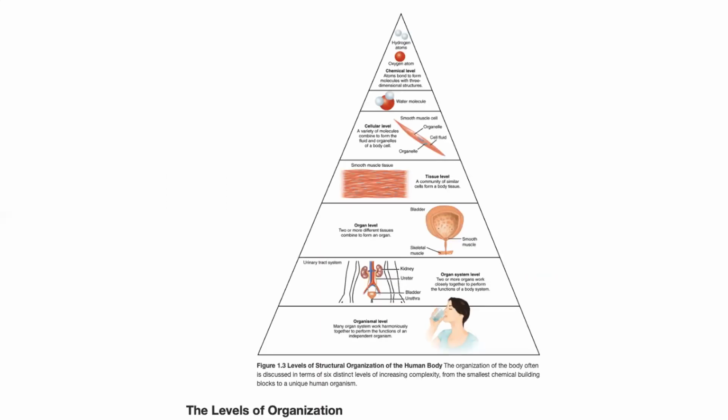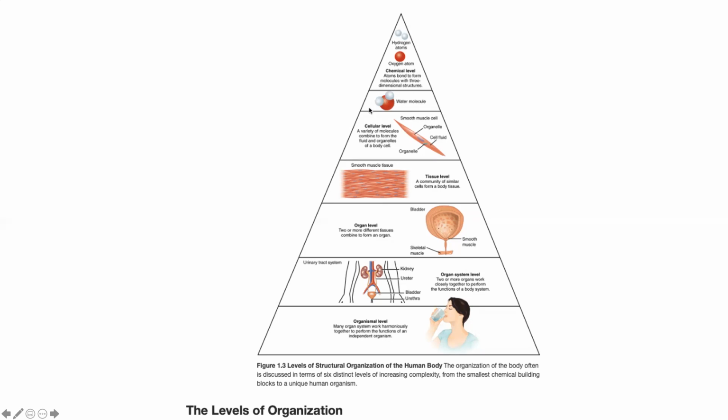So this diagram represents the levels of organization. Human beings, of course, are all made of cells. The basics of the human body are carbon, hydrogen, nitrogen, oxygen, and many other things.